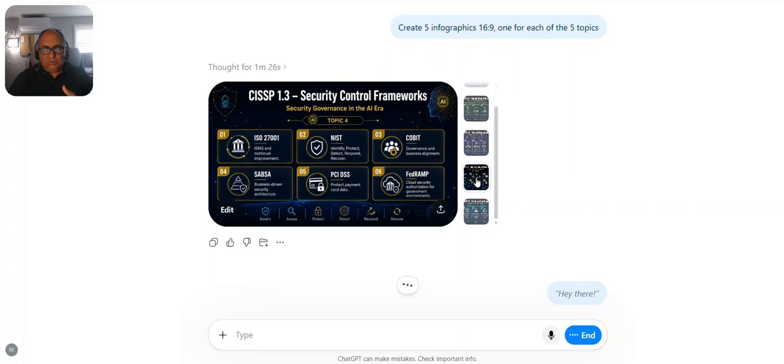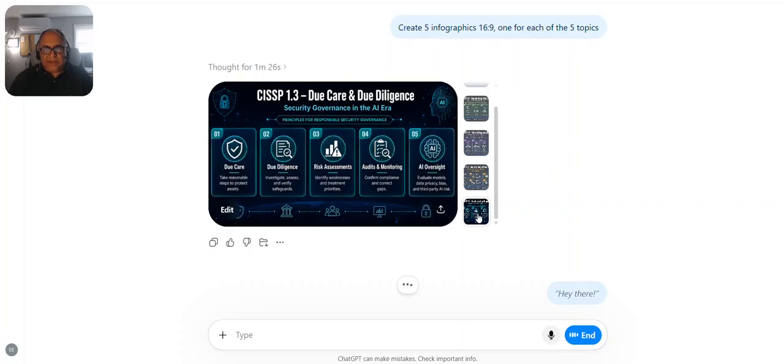SABSA provides a business-driven security architecture, ensuring security design fits business needs. PCI DSS is mandatory for handling payment card data. FedRAMP ensures cloud services meet U.S. government security standards. For example, a healthcare provider handling patient data might adopt ISO 27001, while a cloud provider serving federal agencies must be FedRAMP authorized. Each framework provides a structured path to secure operations. Different organizations select frameworks based on industry, regulatory requirements, and business model, often combining several.